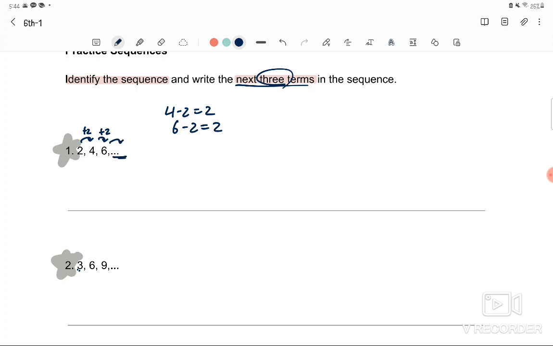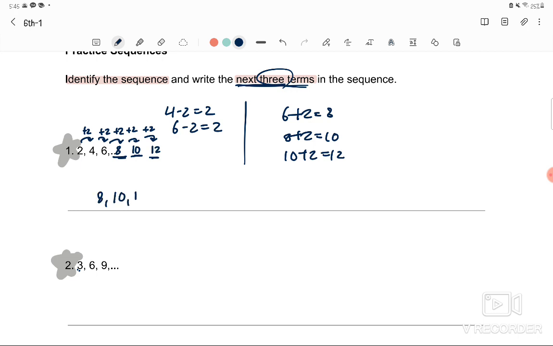Because we have to find the next 3 terms, I can assume that the 4th term is also plus 2, and the 5th and 6th terms will also be plus 2. So 6 plus 2 is 8, 8 plus 2 is 10, and 10 plus 2 is 12. So the answer is 8, 10, 12.